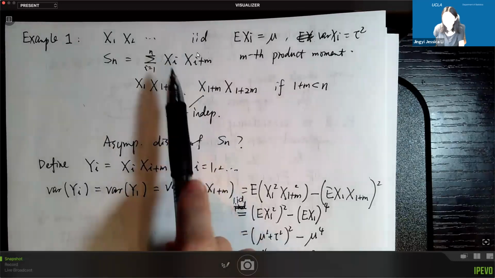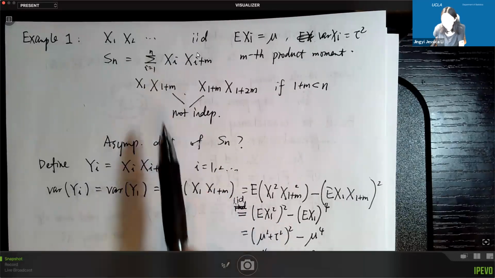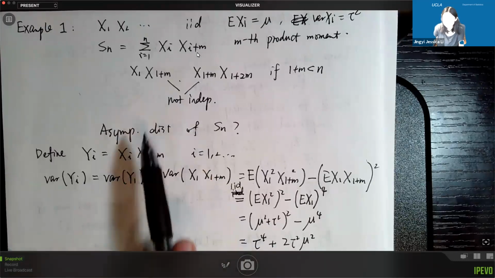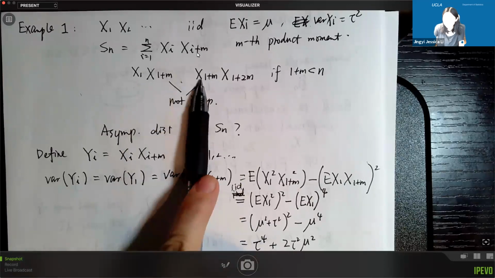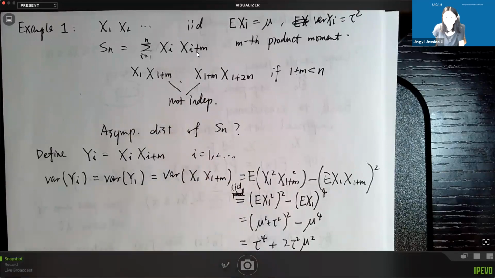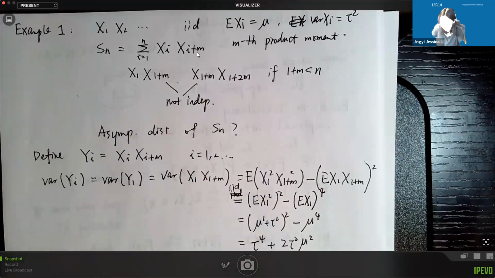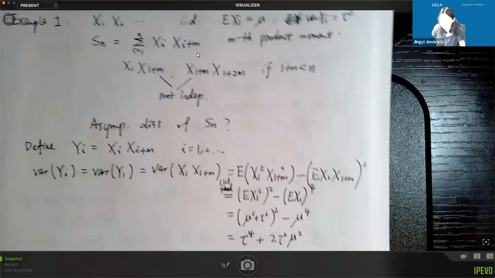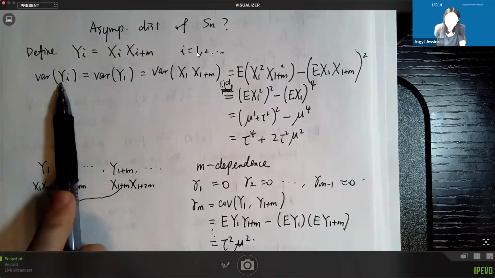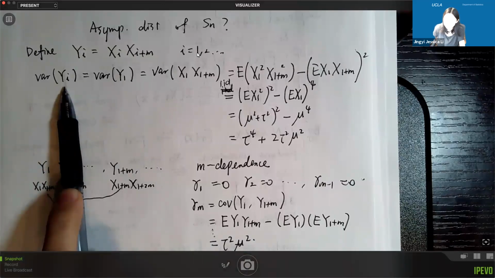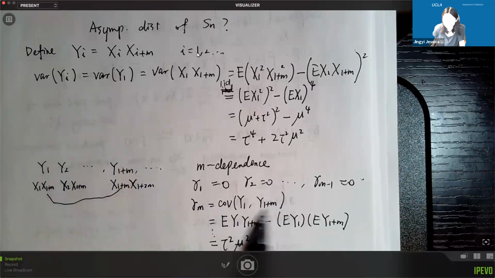As long as we can figure out the dependence structure, that only this and this are dependent, and we can verify it's actually an m-dependent sequence, so it satisfies stationarity and m-dependence, then we can directly apply that theorem. What's left for us is to derive the variance of every term in the summation and the needed covariance of terms in the summation. With that, we can plug them into the asymptotic variance.